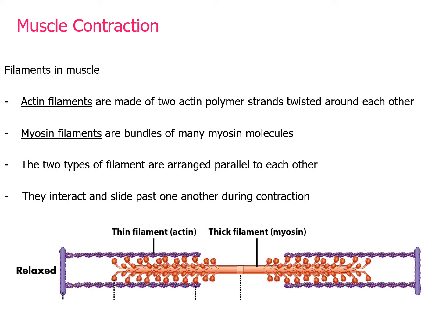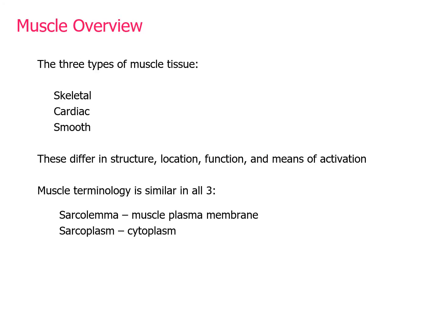So the filaments are made of polymers, multiple units of monomers of actin or myosin, strung out into non-soluble filamentous structures, either thin filaments or thick filaments, that can interact by sliding past each other.